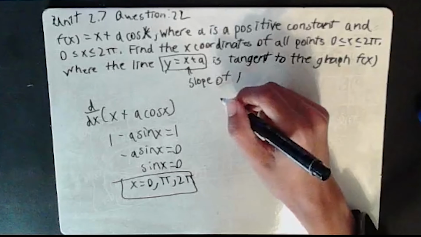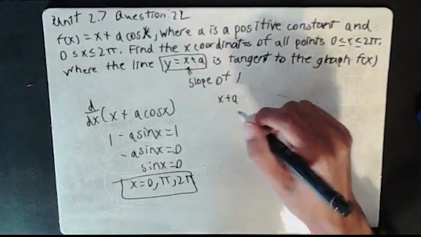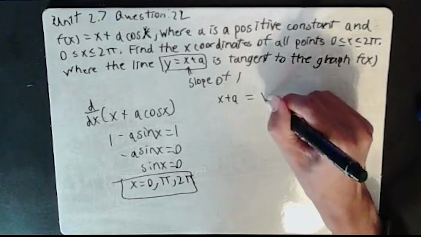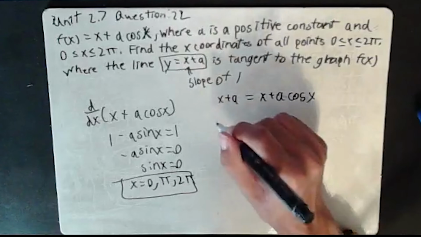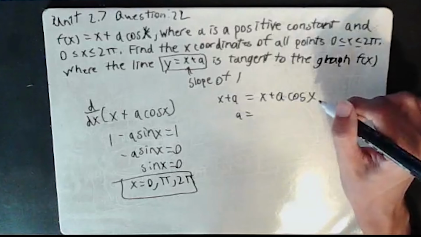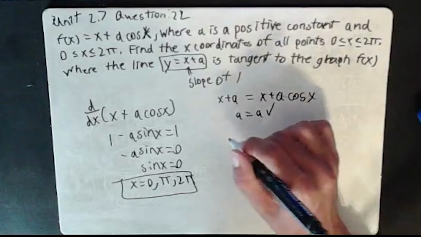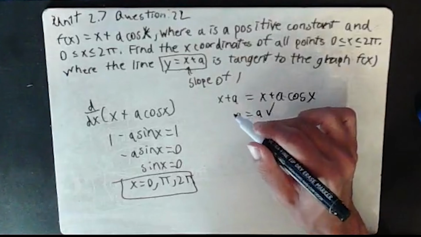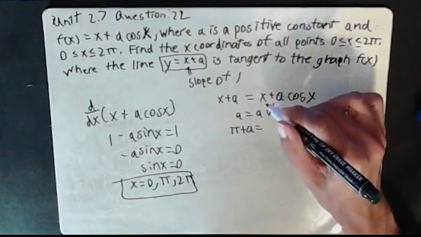Our tangent line is x plus a, and then our actual function is x plus a cosine x. So now let's start by plugging in 0 into all the x's. We get a equals 0 plus cosine of 0 is 1, so we get a equals a, so 0 is a solution. Now let's plug in pi into all the x values. We get pi plus a, and then on the other side we get pi.